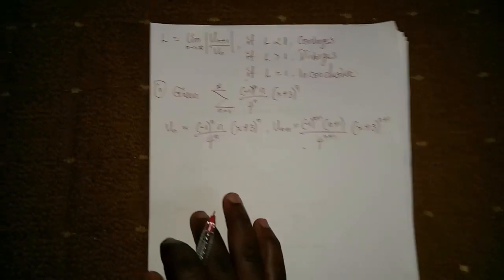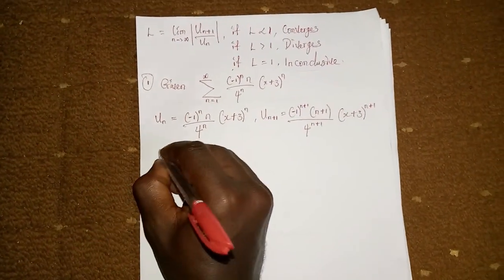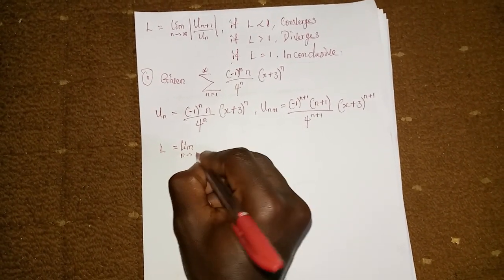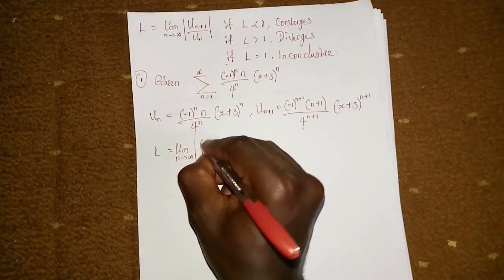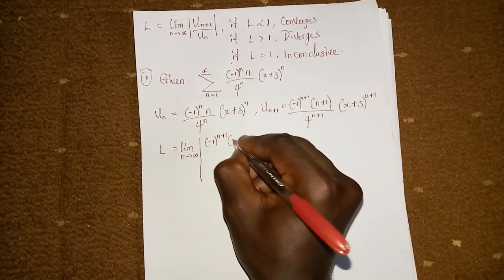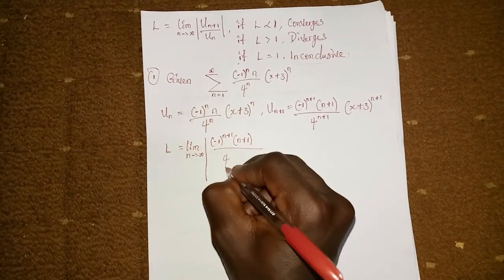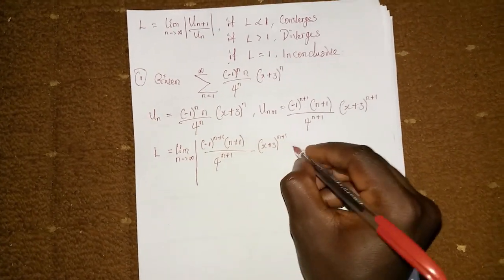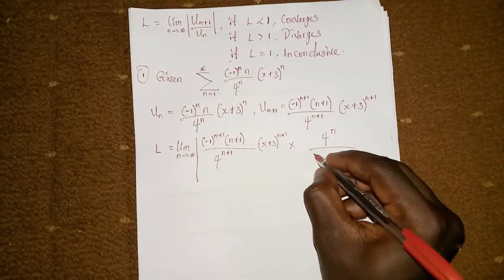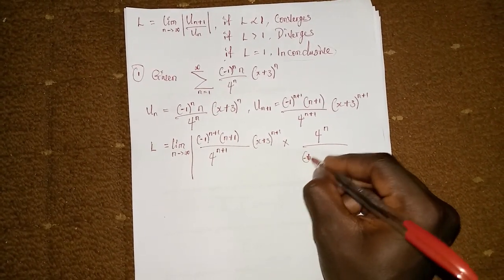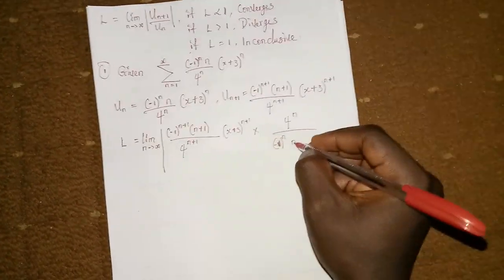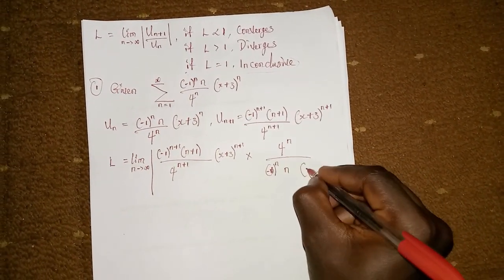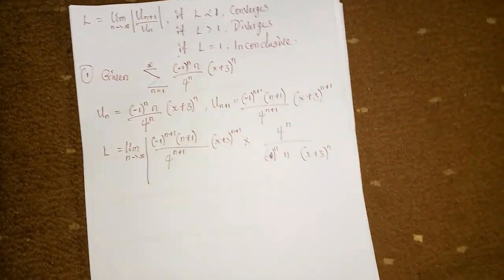So continuing in the same manner, we will now say that L is equal to the limit as n tends to infinity of the absolute value of negative 1 raised to the power of n plus 1 of n plus 1 over 4 raised to the power of n plus 1, then x plus 3 raised to the power of n plus 1 multiplied by 4 raised to the power of n over negative 1 raised to the power of n, and then we have x plus 3 raised to the power of n.